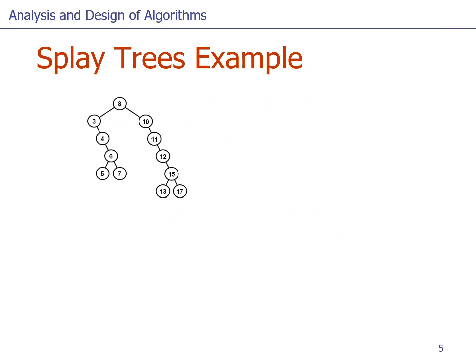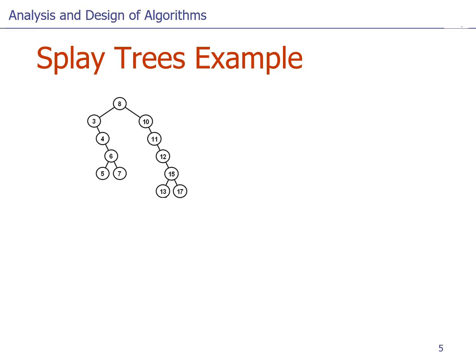Here is an example of a splay tree. Now, notice that this is a type of binary search tree. This is a self-adjusting binary search tree. What that means is that the invariant for a binary search tree still holds here.